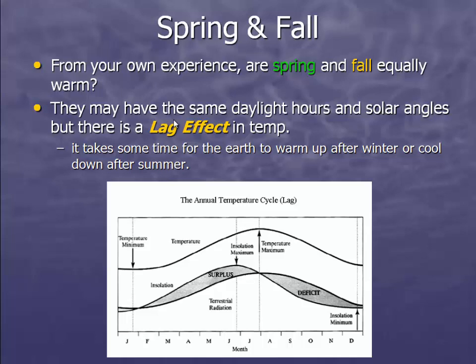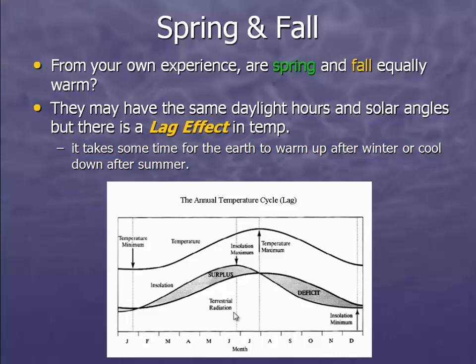It's actually because of this lag effect that's going on in the annual cycle of temperature. Okay, so for just a second, I want you to focus on the graph on the bottom. We have the annual cycle from left to right, so Jan to Dec, so January, February, March, April, May. And we just got done saying that in terms of the amount of incoming solar radiation in the northern hemisphere, that peaks on June 21st.